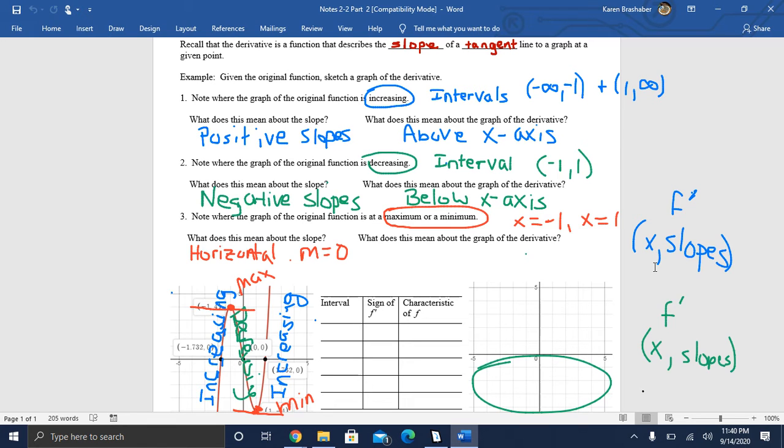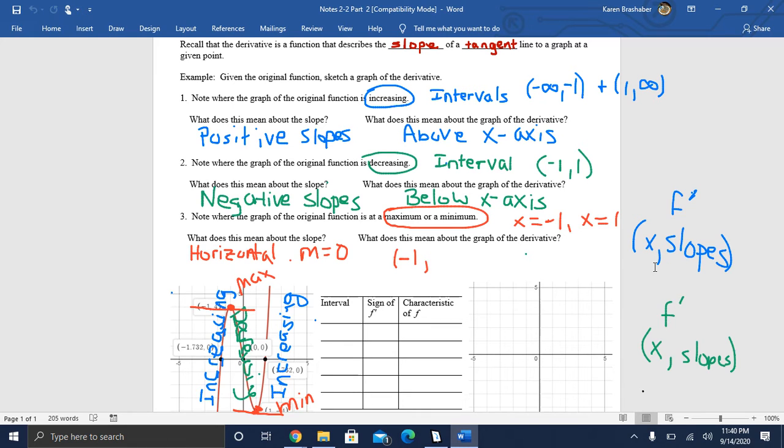So once again, when I'm thinking about the graph of my derivative, if my slope is 0 and I know the exact x's where I'll have those maxes or mins, I actually can know 2 points that are on my graph of the derivative. One is when x is -1.